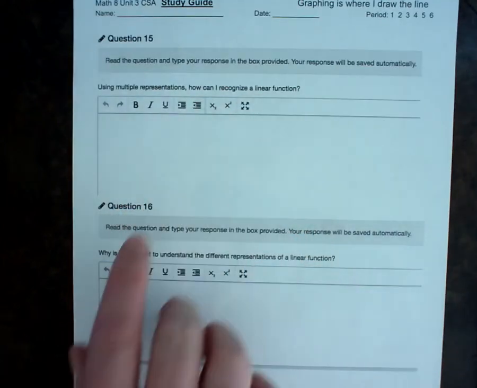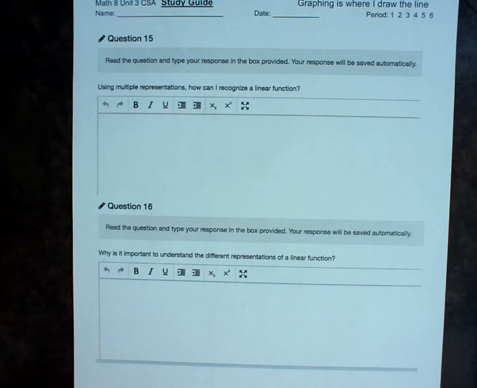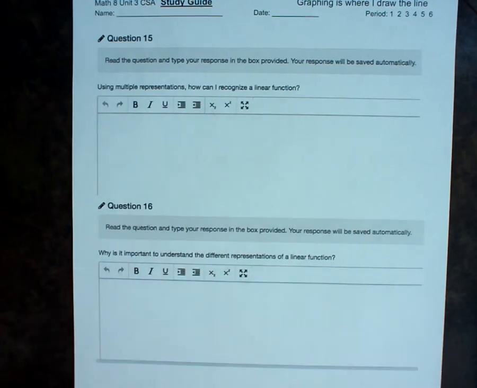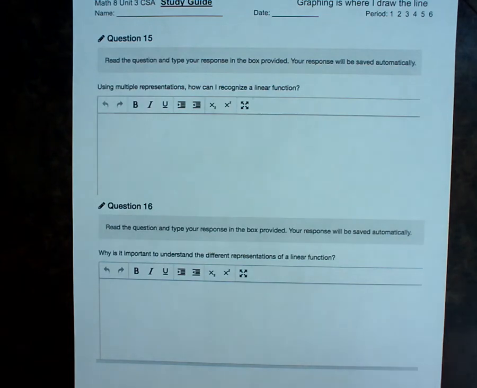Okay. And why is it important to understand the different representations of a linear function?